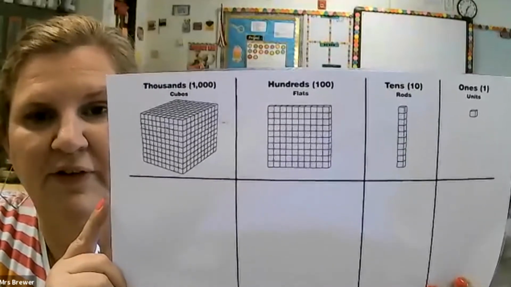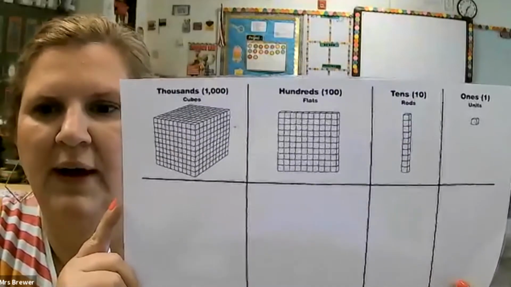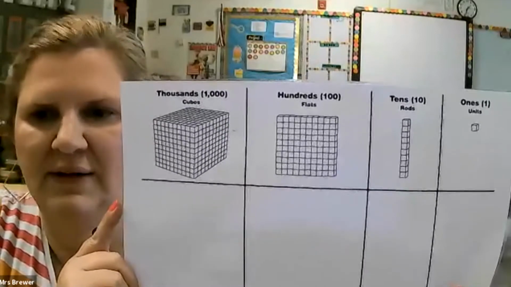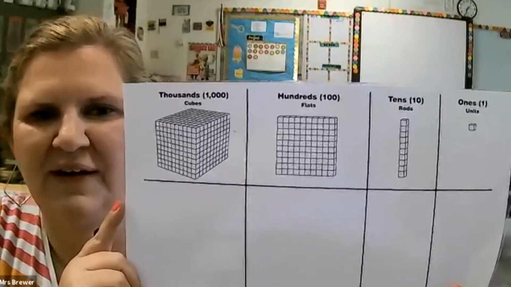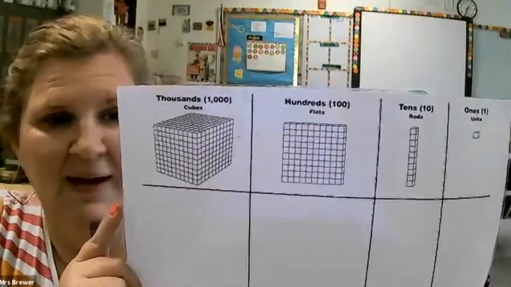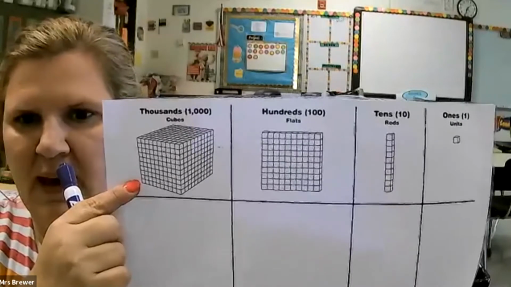You're exactly right. It's very small, isn't it? As compared to our thousands, which are what? Very, very large. So if you took those ones and counted out 1,000 ones, and built them into this cube, it would look just like this, okay?